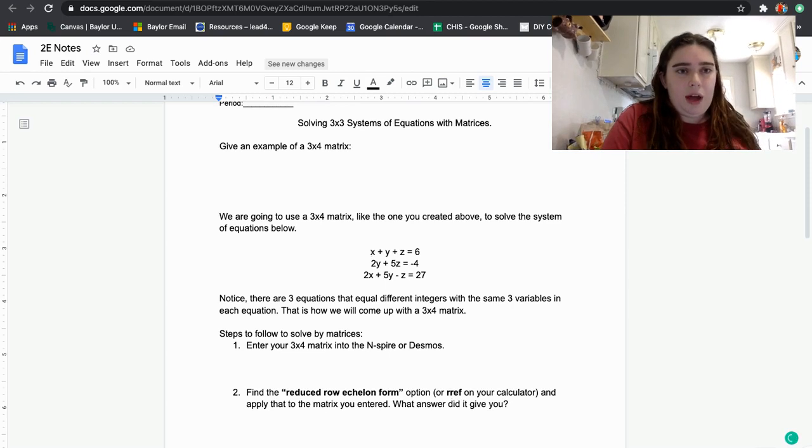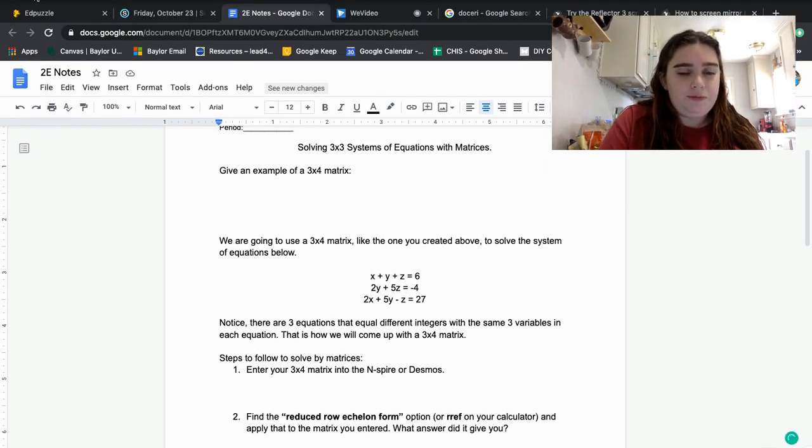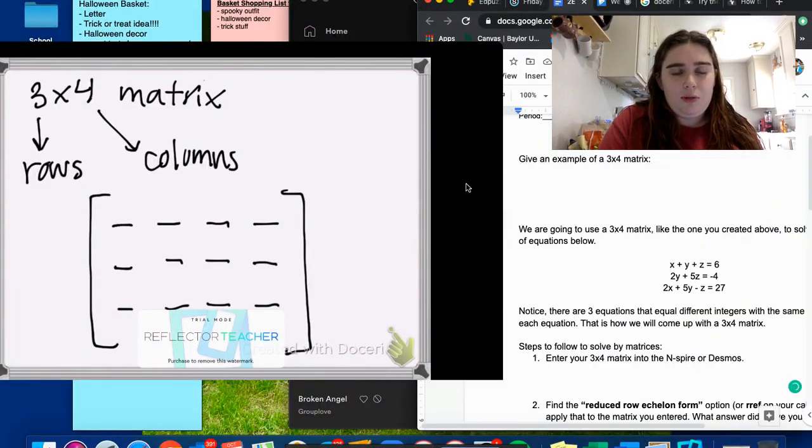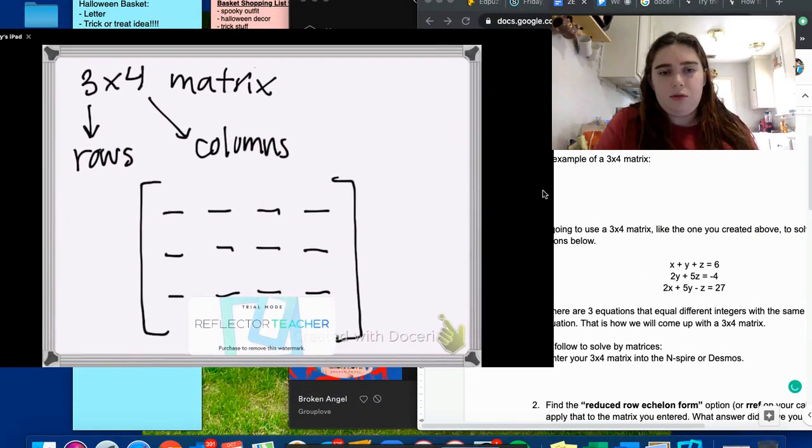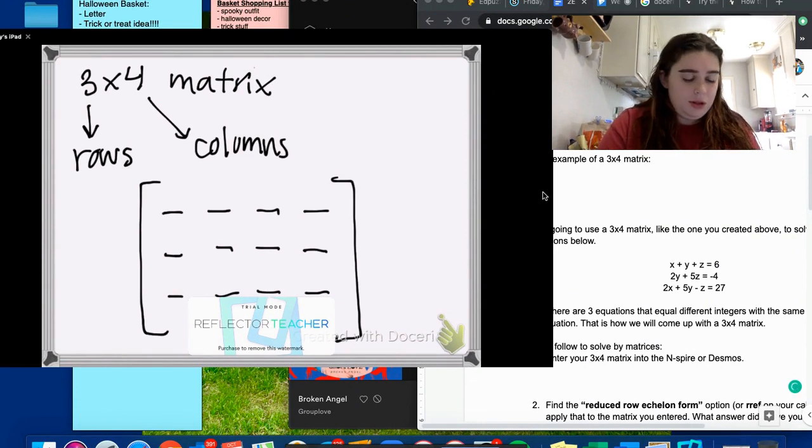If you look back on my notes over here, for 3 by 4 we said we have 3 rows and 4 columns, okay? Let's think about what kind of numbers we would put in this matrix if it's going to resemble this system of equations. Let's look at equation 1.